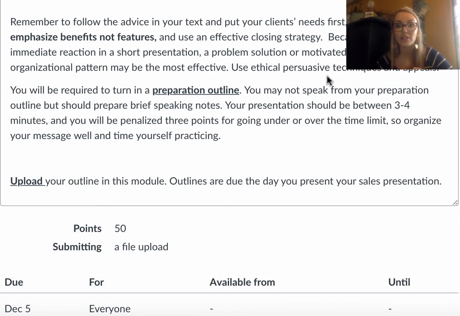You will be required to turn in a preparation outline, going through the general purpose, specific purpose, central idea, stating your organizational pattern, writing out the intro including signposts, your main points, indenting with subpoints, all that good stuff. We need that outline submitted, and it's due on the same day as your presentation. We never want to speak directly from our preparation outline.